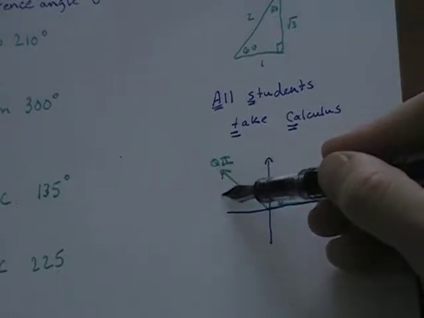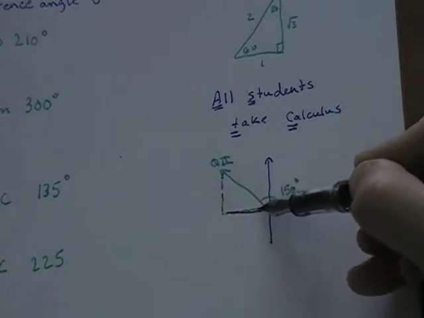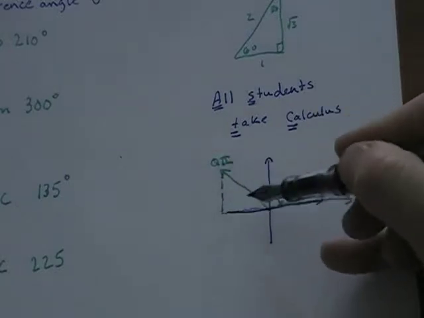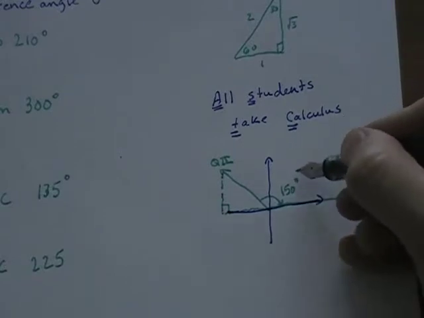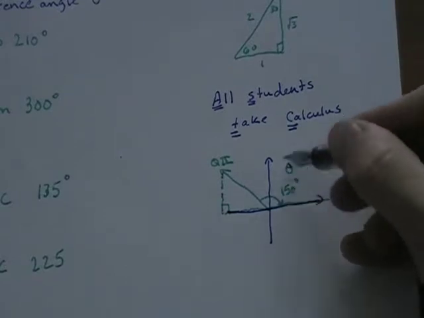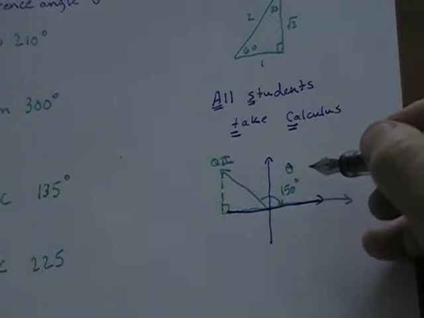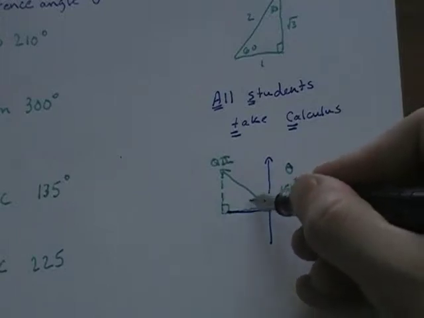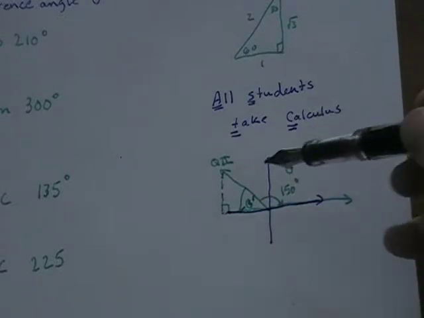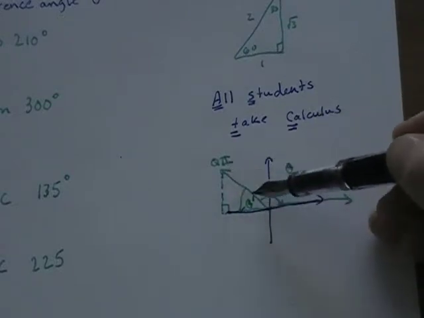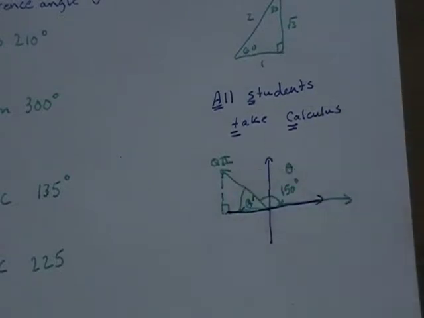We're going to make a right triangle in quadrant 2. And this guy here is theta. It's 150 degrees. It's the angle we asked you about. We have to find theta prime. That's our reference angle. That is, how do we get from this terminal side to the nearest x-axis?